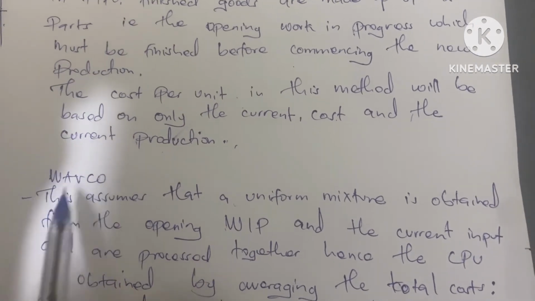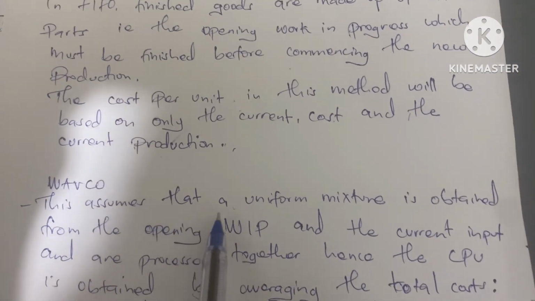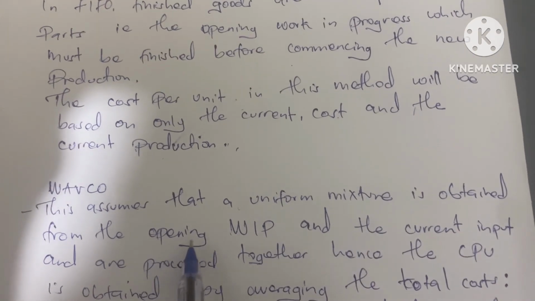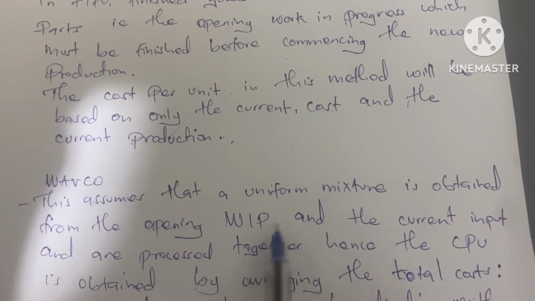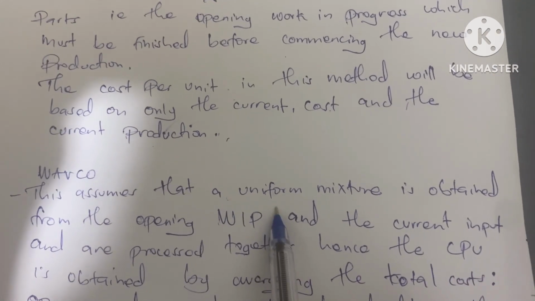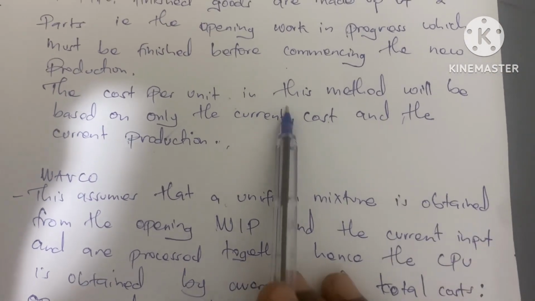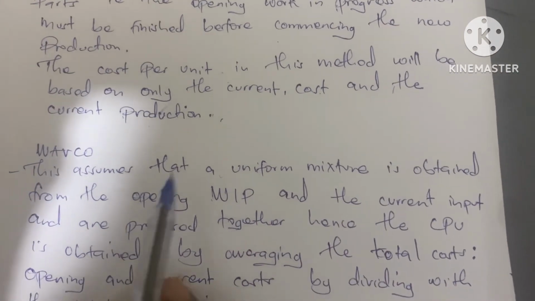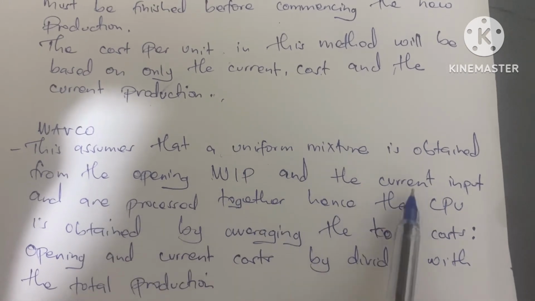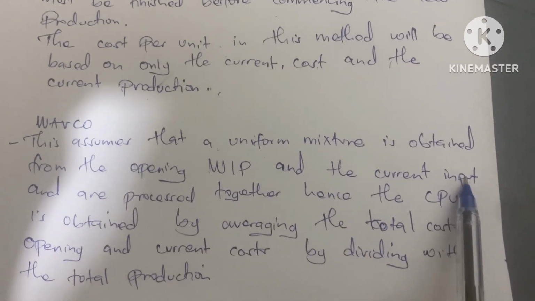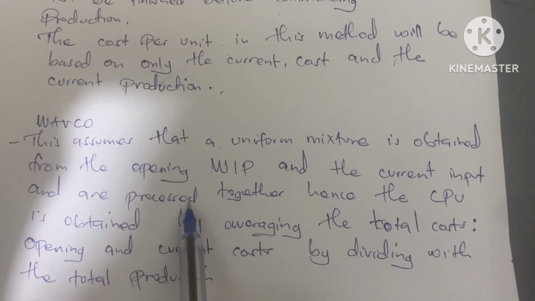Then for the weighted average, this one assumes that there is a uniform mixture and it is obtained from the opening work in progress and then the current input. So here we get the opening work in progress and the current input. Here it is only the current cost and the current production. The opening work in progress and the current input are processed together.